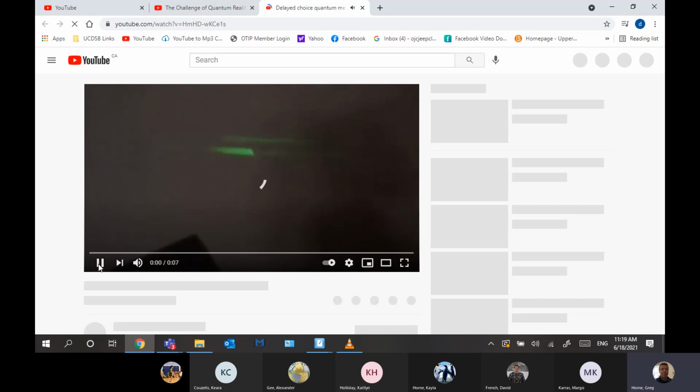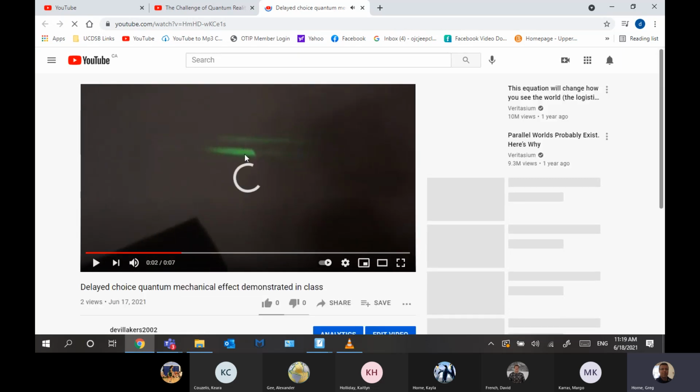Anyway, right here, we've got the middle section where there isn't interference, the destructive interference sections, because we're looking to see which one it goes through. We made the destructive interference bands disappear. You're going to see me move the 45-degree polarizer in line with this, and that restores the 50-50 chance.